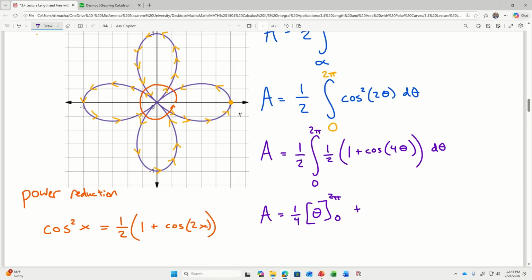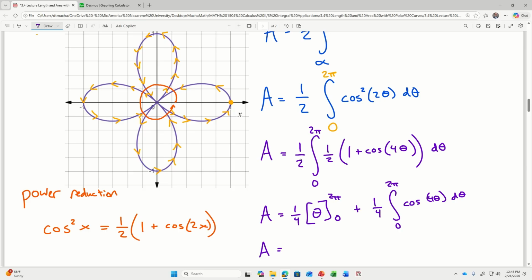And then the second integral is going to be 1/4 integral from 0 to 2 pi of cosine 4 theta d theta. The antiderivative of cosine is just sine, but I also have to divide by 4 for the sine because of the whole derivative chain rule.